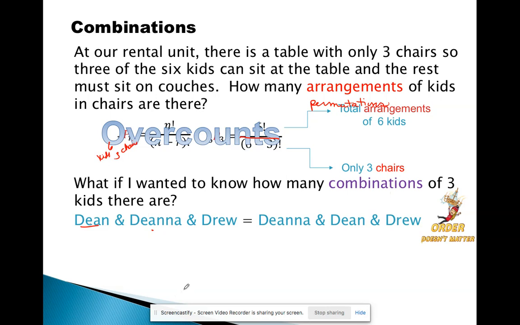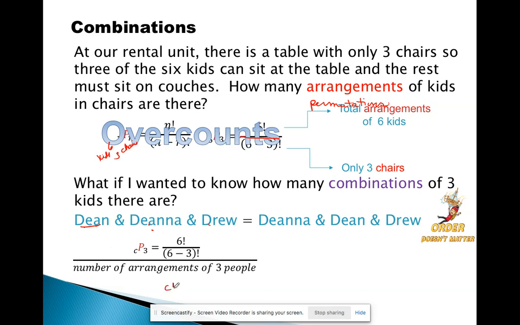Divides make your number smaller. But now, since order doesn't matter, I also want to divide out how many combinations look the same. So I want to take my permutations and divide out the number of arrangements of people. Now remember, this is the same as saying permutations times 1 over the arrangements of 3 people.